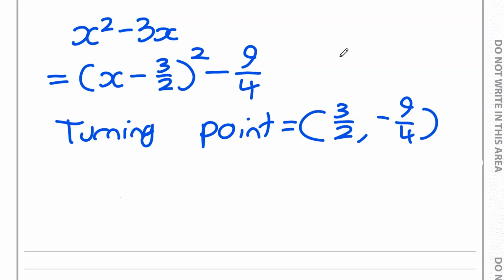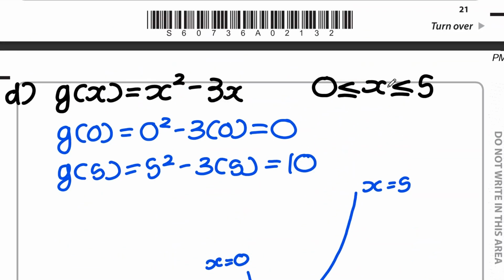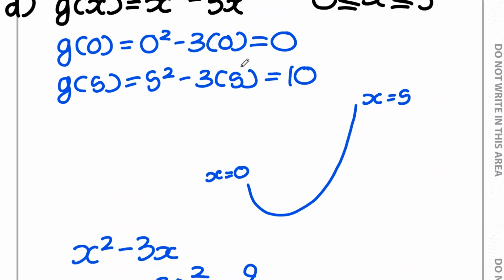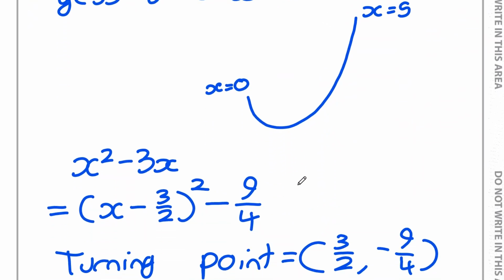Now 3 over 2 is 1.5, and 1.5 lies in this interval here between 0 and 5. So this situation is true. This turning point here is where this point is 3 over 2, minus 9 over 4, and this here is the actual minimum point, this minus 9 over 4.